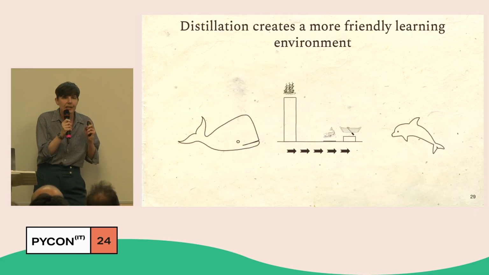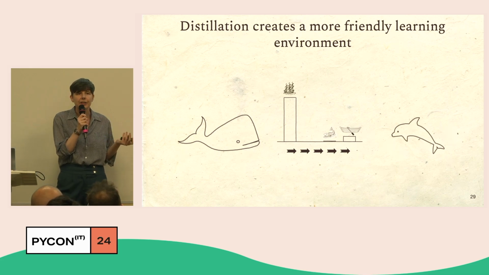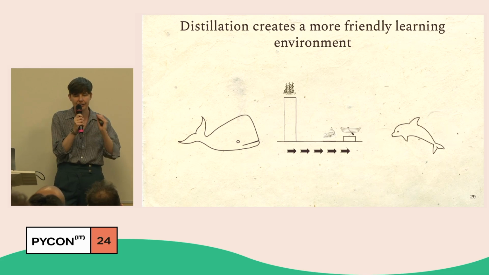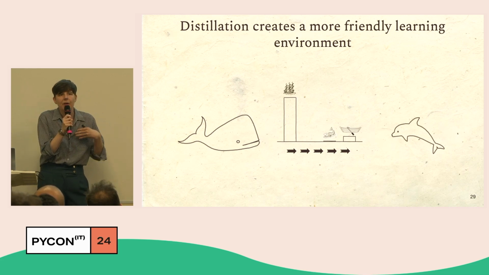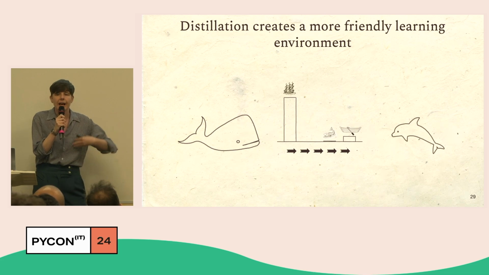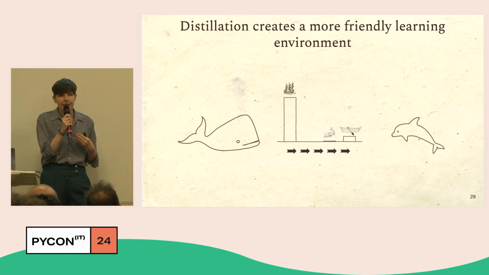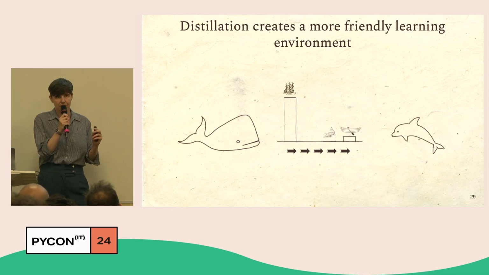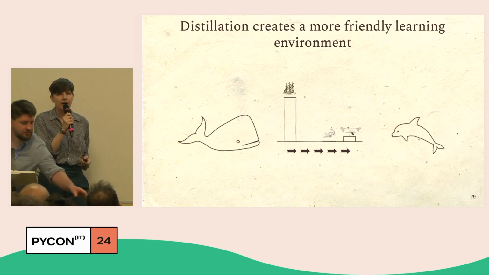So what distillation then does, it does create a much more friendly learning environment in which even small models can thrive. Instead of feeding those hard labels, we feed in the soft predictions, in a way already interpreted for us by the large model. And this way, we can train the small model much better than if we trained it from scratch with the original hard labels.